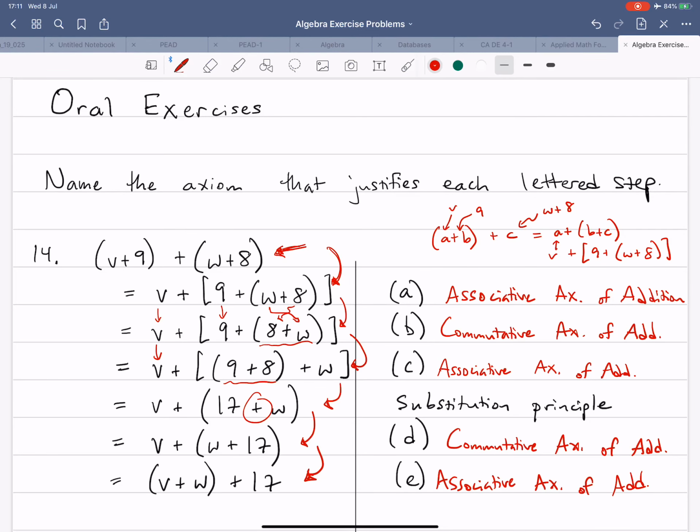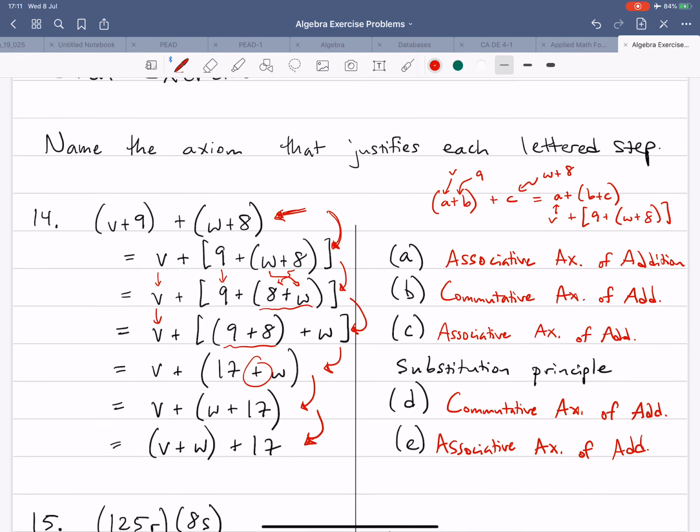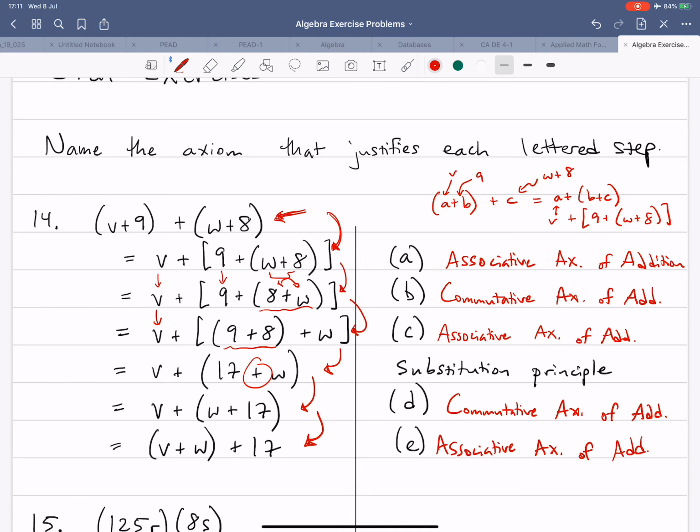Okay? And if we had a step at the end that said something like v plus 9 plus w plus 8 equals v plus w plus 17, then we would have been applying many times over the transitive property of equality, right?